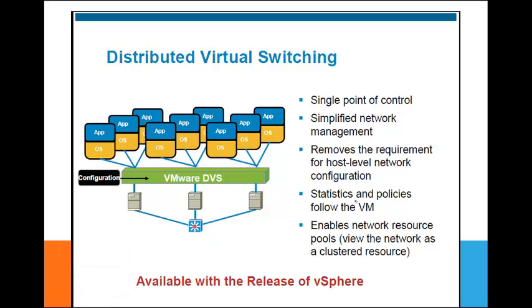Statistics and policy follow the VM, as we already discussed in the overview class. When I move the VM from one machine to another machine, the policies also move along with the VM.